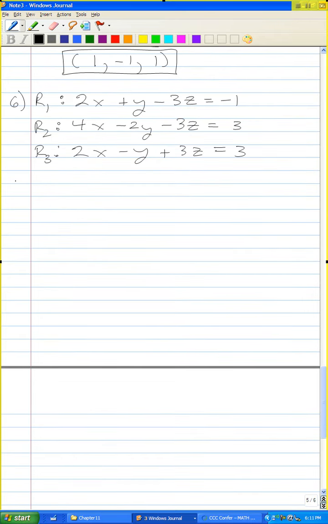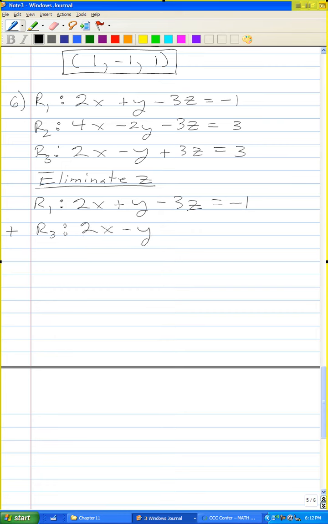So why don't I do R1? So I will eliminate z. So let's do R1. 2x plus y minus 3z is negative 1, plus R3, 2x minus y plus 3z equals 3.